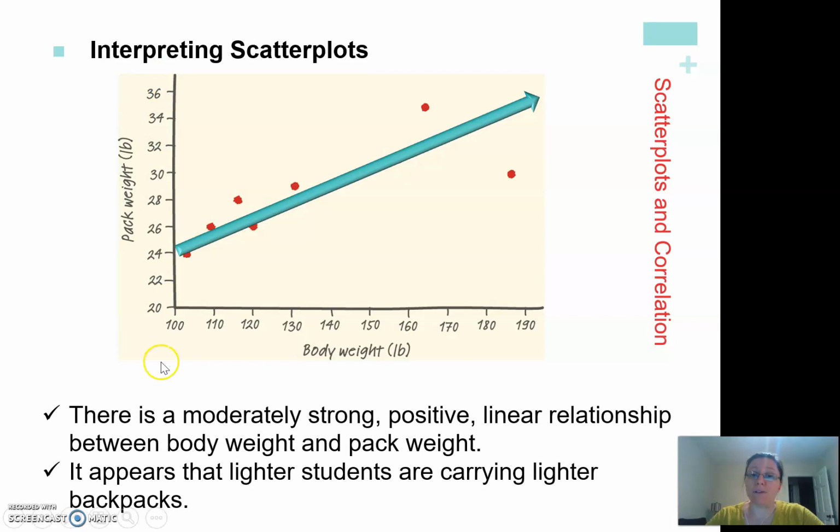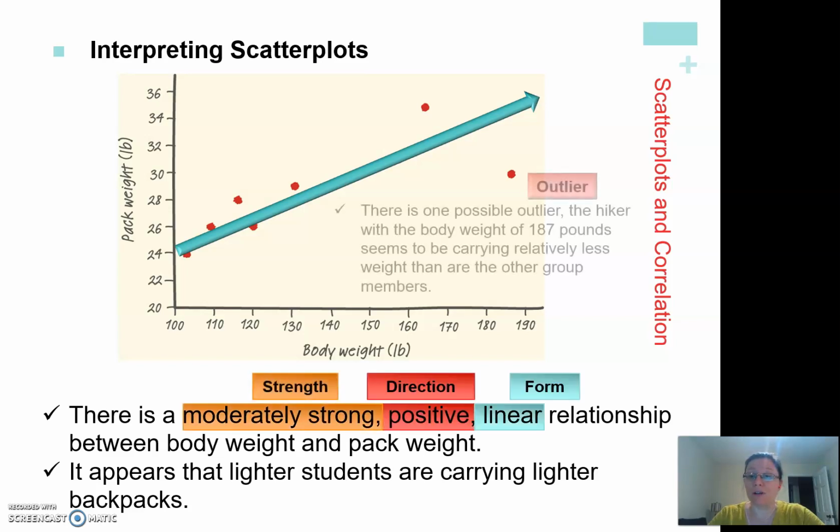So there is a moderately strong, so that defines strength. Positive defines direction. Linear implies that a straight line kind of describes it, right? Relationship between body weight and pack weight. It appears that lighter students are carrying lighter backpacks. Again, no causation, right? Just appears that there's some form of association.